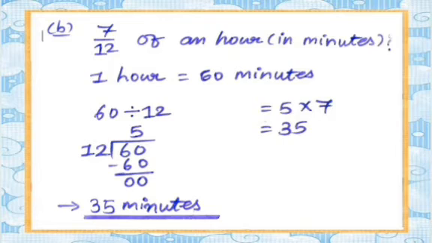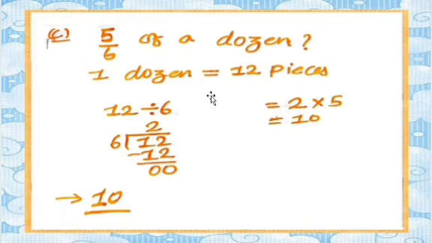Understood, my dear students? So we have to write in minutes. 7 upon 12 of an hour is 35 minutes. How many minutes, my dear students? 35 minutes.